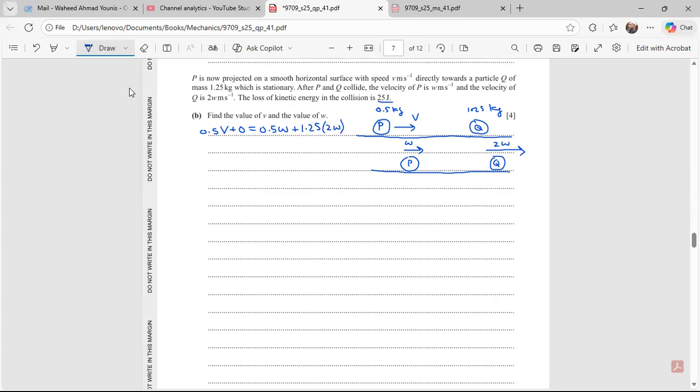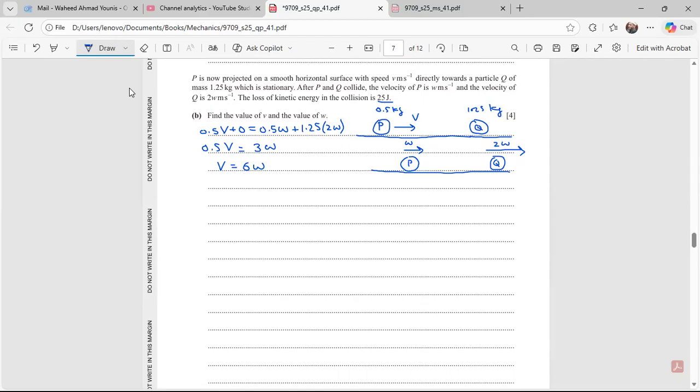Let me simplify this a little bit. So 0.5V is equal to 1.25 times 2 is 2.5, 2.5 plus 0.5 is 3, so this is 3W. And if I multiply by 2, V is equal to 6W. This is one equation.